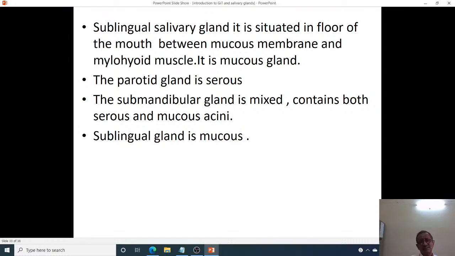The sublingual gland is situated in the floor of the mouth between the mucous membrane and the mylohyoid muscle. It is a mucous gland. The parotid gland is a serous gland, whereas the submandibular gland is mixed, containing both serous and mucous acini, and the sublingual gland is mucous.